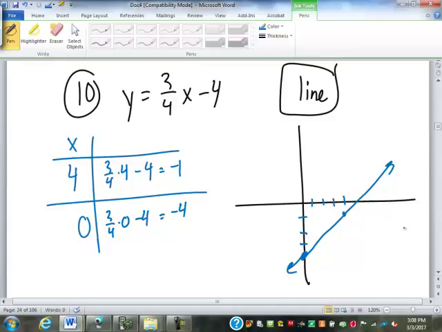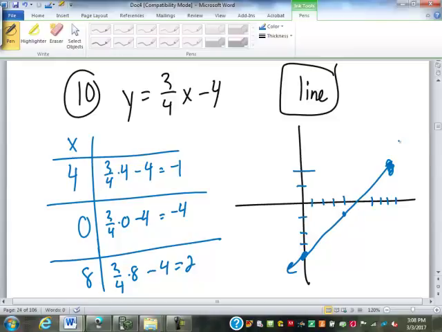Now, just to be safe, I might pick a third point. I might try x is 8. 3/4 times 8 is 6, minus 4 is 2. So at 8, make sure that that does actually come out to 2 when I graph it. So if I put that point down there, make sure that all 3 of those are still in a line.